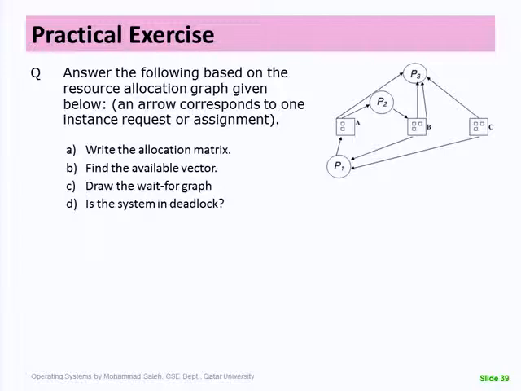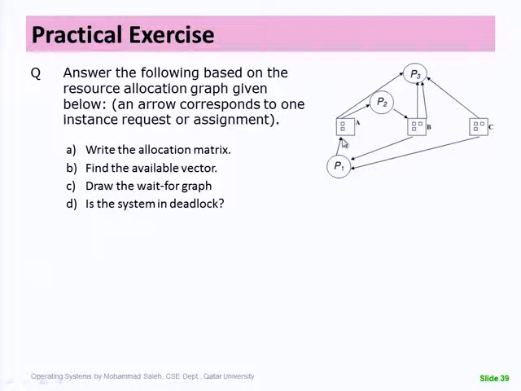We also have other questions related to RAG graphs. For example, in this question, you are given a RAG and you are asked to write the allocation matrix. In fact, I can do that using the RAG graph. The allocation matrix is telling which process is using what type of resource and how many instances of that resource, correct? So what we have in here, for example, for P1.